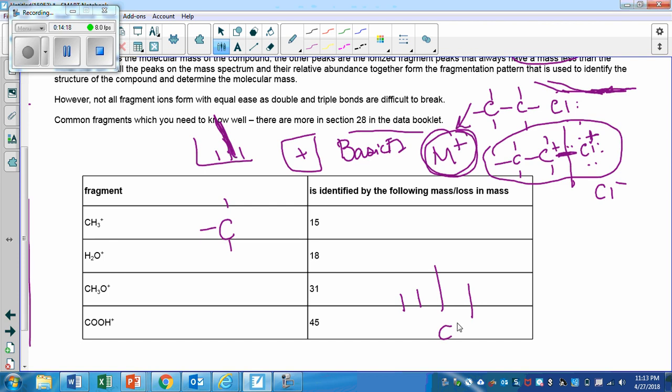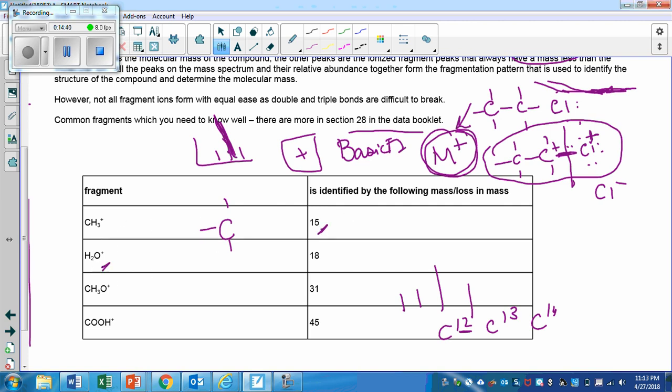Carbon has 3 isotopes: carbon 12, carbon 13, and carbon 14. Since the molecular mass of carbon is 12, this is the most abundant isotope. So when carbon appears in mass spectroscopy, we believe it is the carbon 12 isotope. If this piece is fragmented, the mass will be lost by 15.